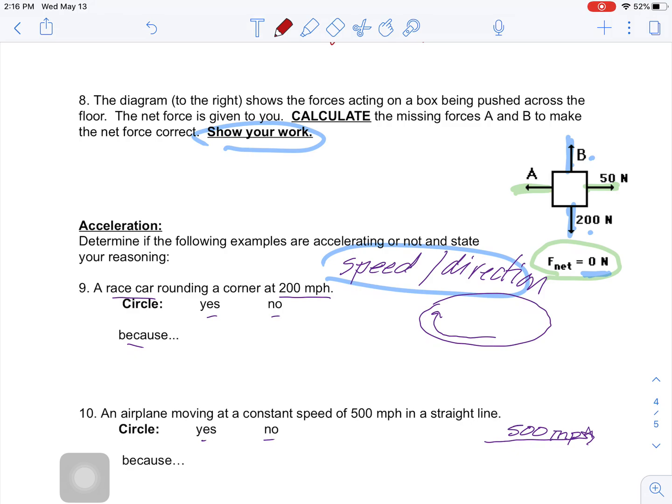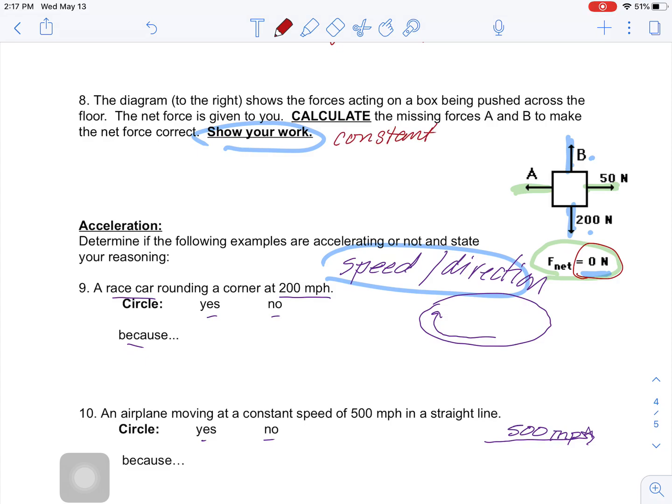Diagram to the right, so over here, shows the force acting on the box, being pushed across the floor. Calculate the missing. So again, we're kind of looking at the pairs. And notice here the net force is 0. So even though the box is moving, its net force is 0.